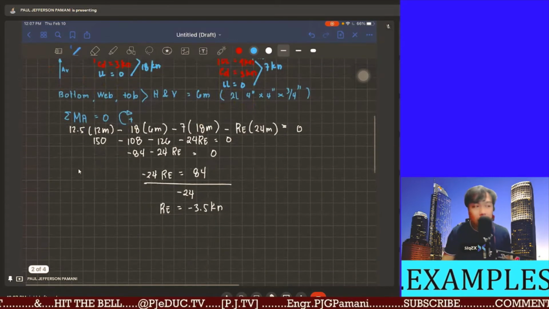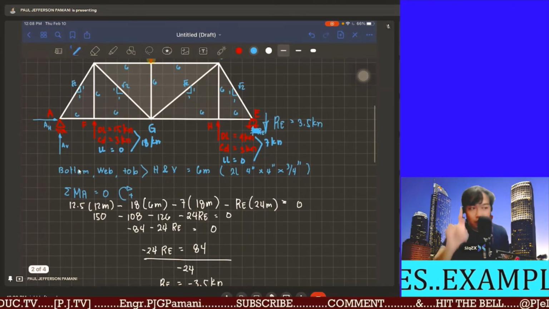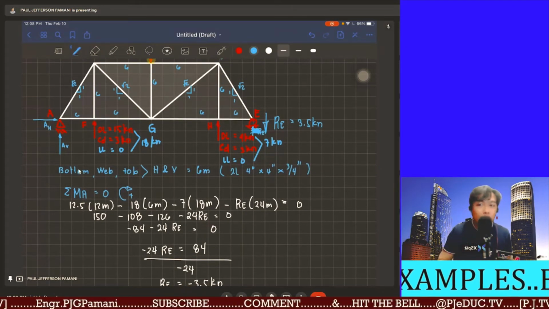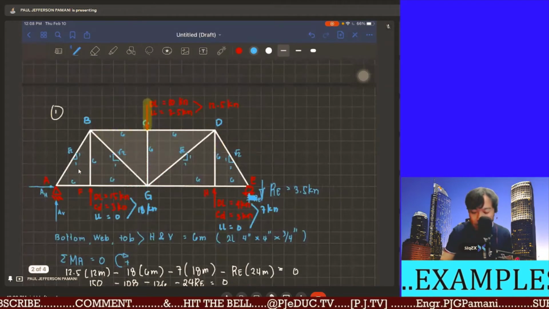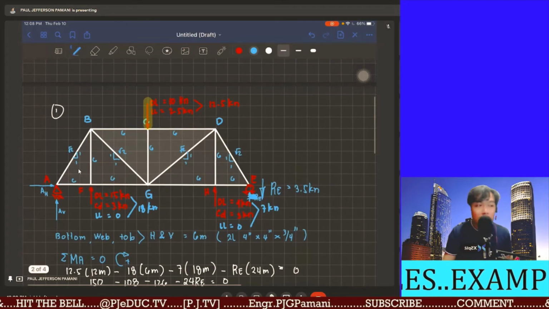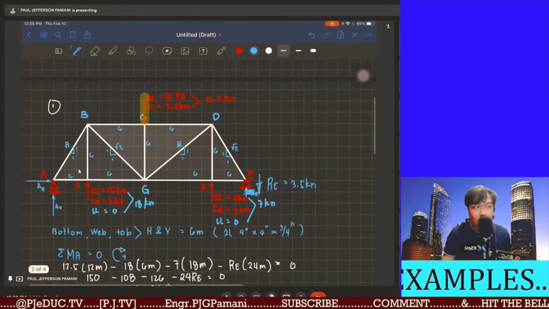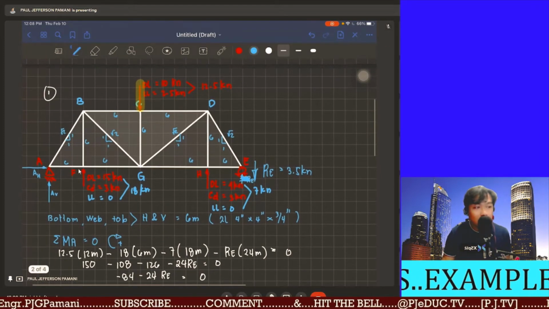Bakit downward, sir? Yung dati mong example, positive naman yan. Note, you have included an uplift force found at joint F and joint H, which signifies that there is bigger dead load at the bottom section of the truss system than at the top section. Kasi 12.5 yung nasa baba, nasa 25 kilonewton.